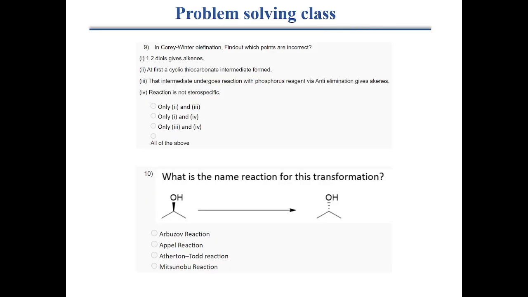So the next question is in Corey-Winter olefination, find out which points are incorrect. So what happened in Corey-Winter olefination? R1, the diol in presence of imidazole thiolate compound, giving the alkene and phosphite.